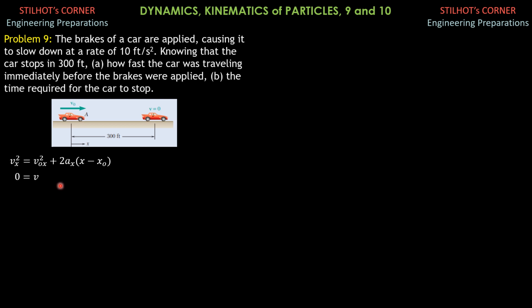So 0 square equals vox square plus 2 times quantity negative 10 times quantity 300 minus 0. So vox square equals 20 times 300, so that's 6,000.